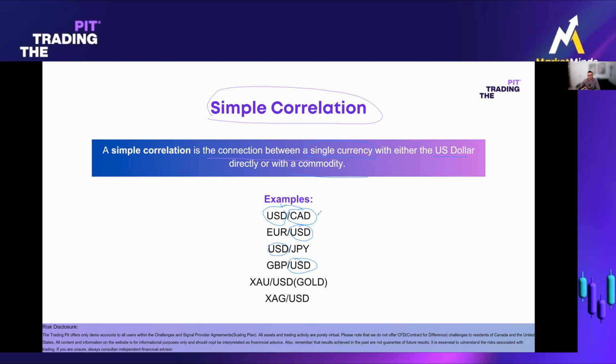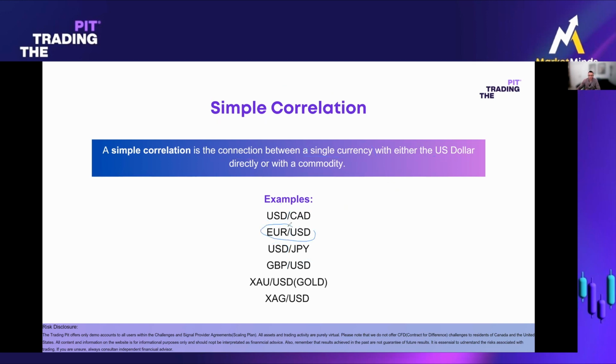Okay, now some people may think, okay, so why not CAD CHF, for example? If the Canadian dollar drops, it means the CHF rises. Okay, that's true. But how do you get here? It's another step. There is a step in the middle that we need to sort out before we understand if we want to interact with this currency pair.